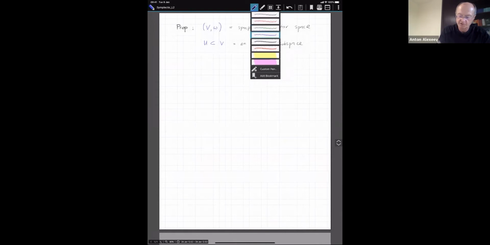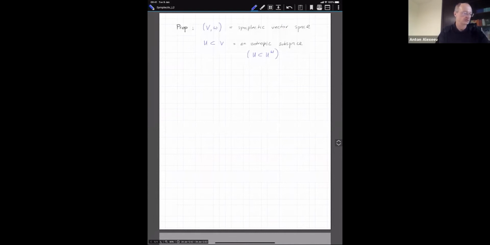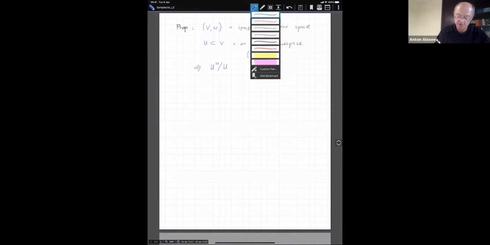So let me recall that isotropic means that U is contained in U omega orthogonal. So then the conclusion is that the quotient space U omega quotient by U is symplectic.